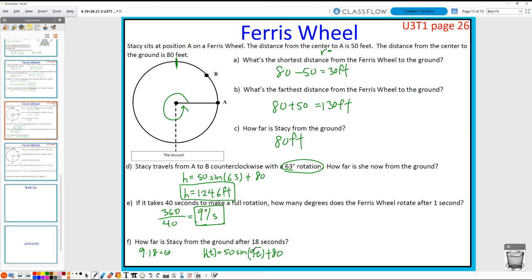It's 9t instead because it's 9 degrees per second for 18 seconds. I can substitute this in. 50 sine of 9 multiplied by 18 plus 80, and that's equal to 95.5 feet.